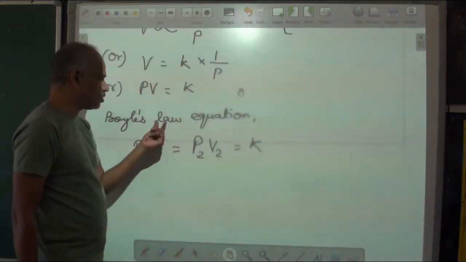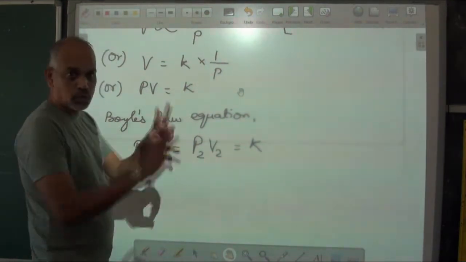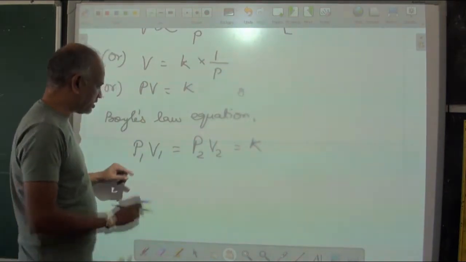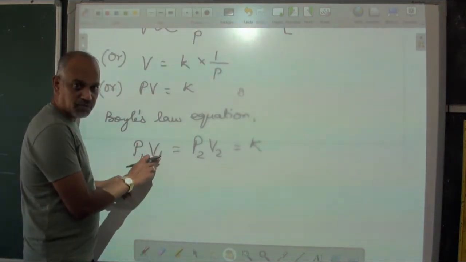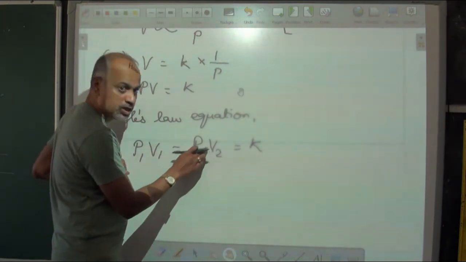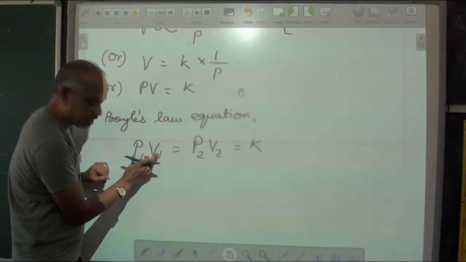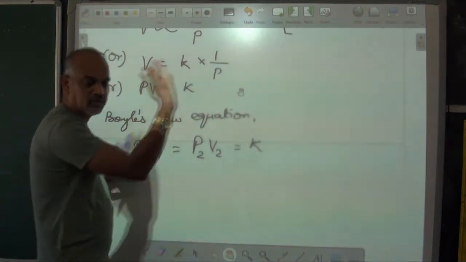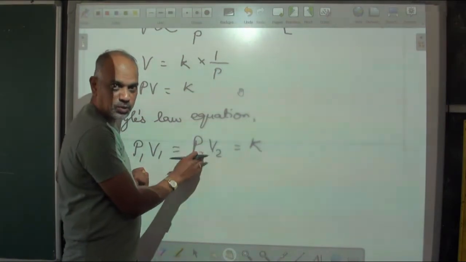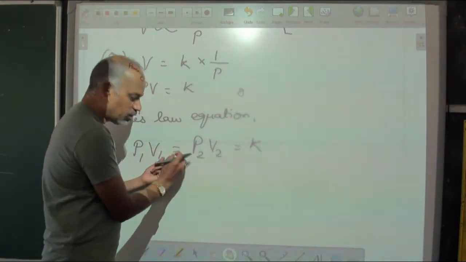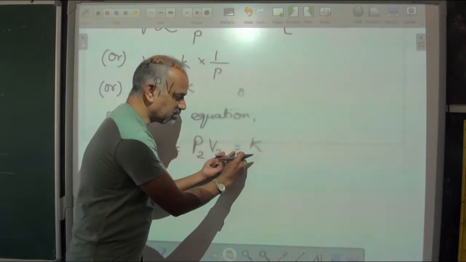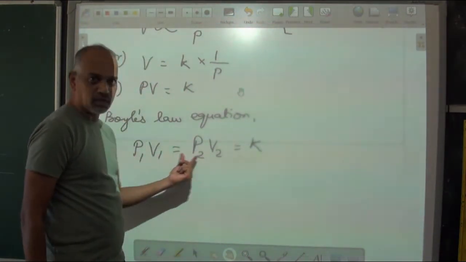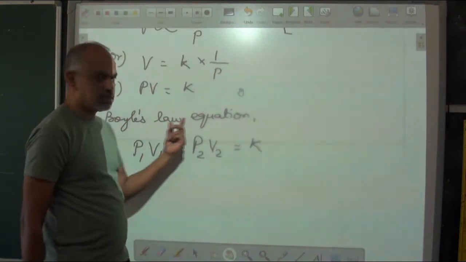Therefore, for Boyle's law equation, I am going to take two places, with different pressure and different volume. In the first place, pressure is P1, volume is V1. In the second place, pressure is P2, volume is V2. If I multiply in the first place pressure into volume, P1 into V1, and for the second place I multiply P2 and V2, these two values will be the same. That is why it is equal to a constant. K is a constant. So P1 V1 is equal to P2 V2 is Boyle's equation.